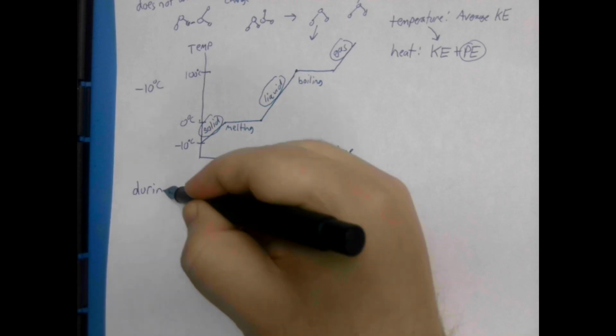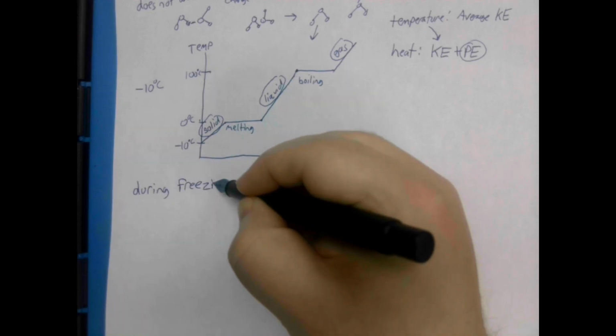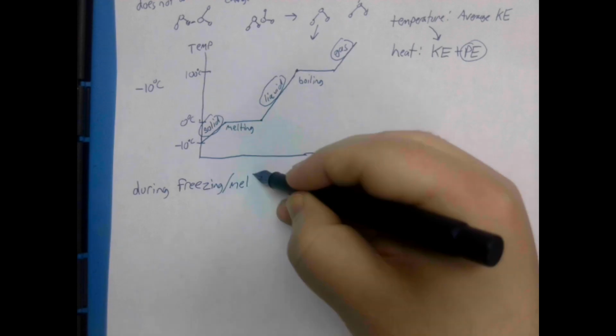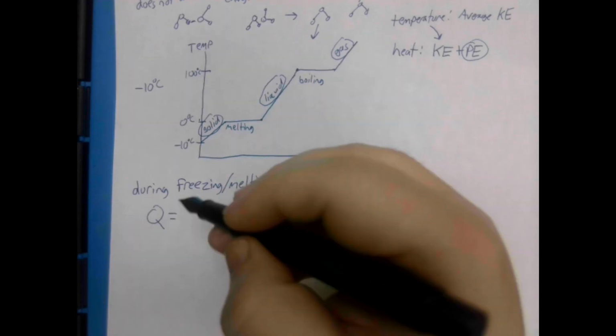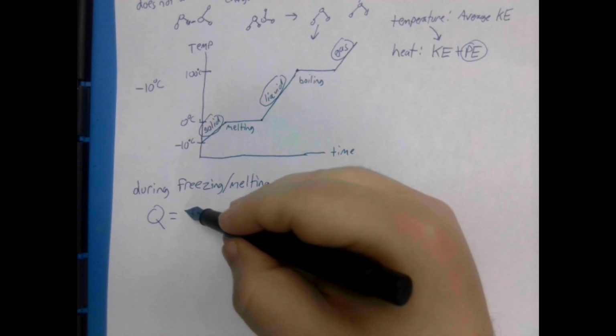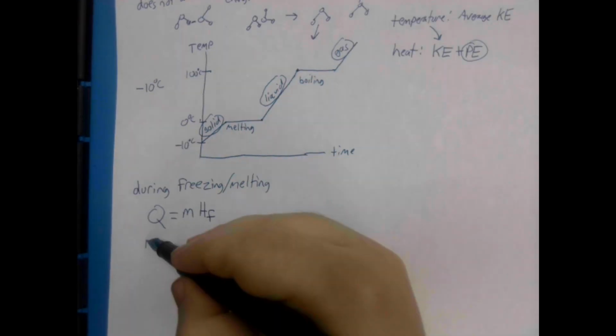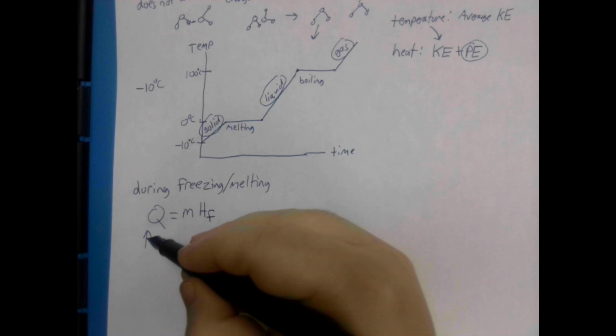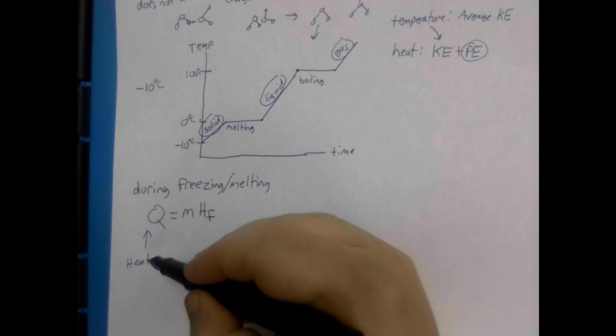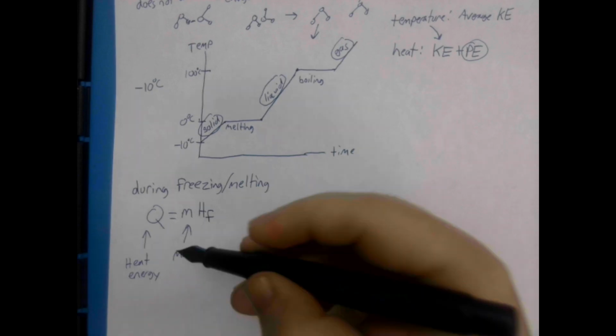During freezing or melting, the heat energy is the mass times the heat of fusion.